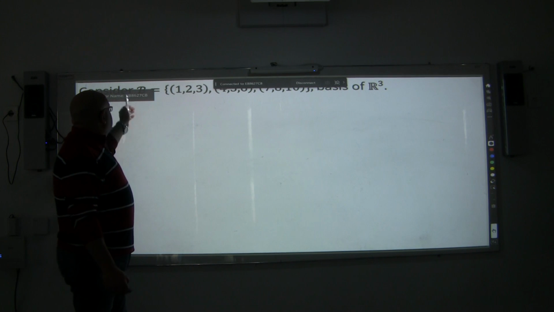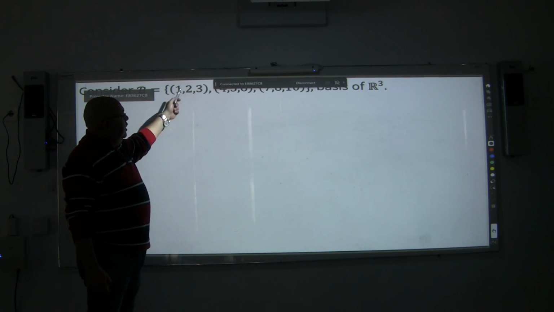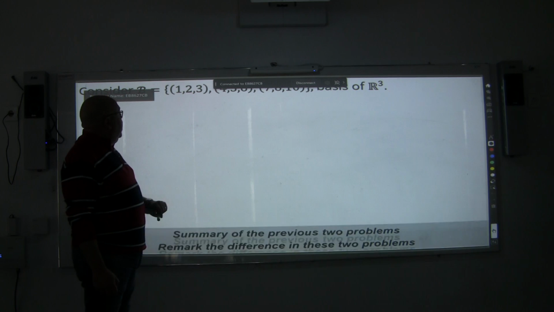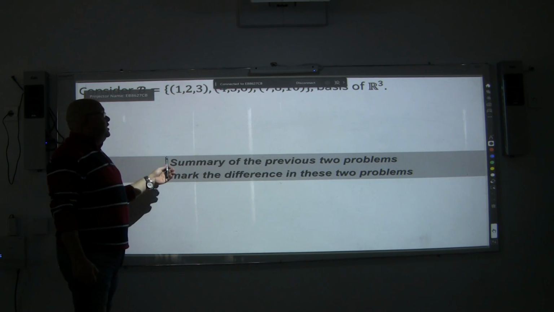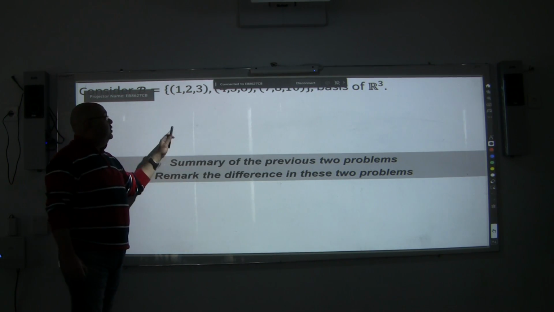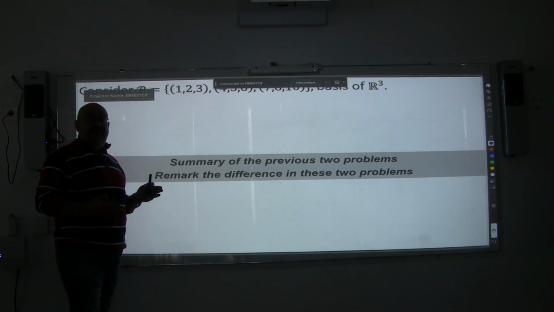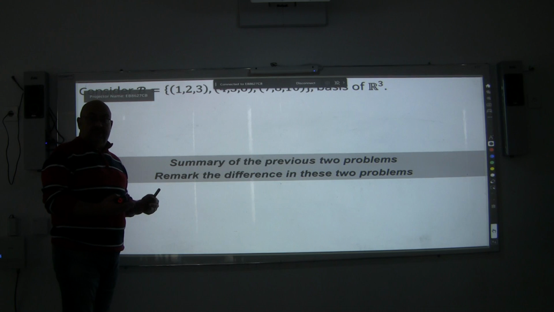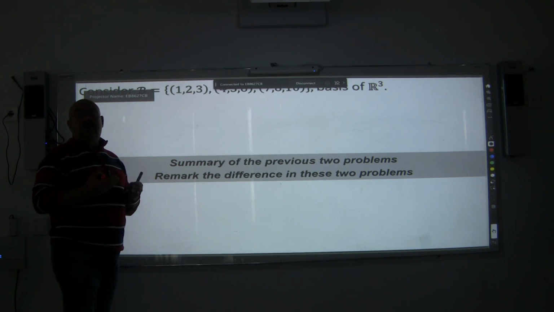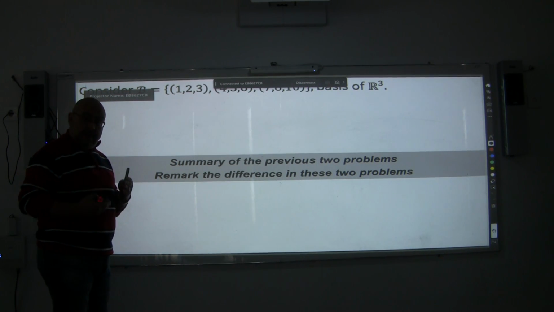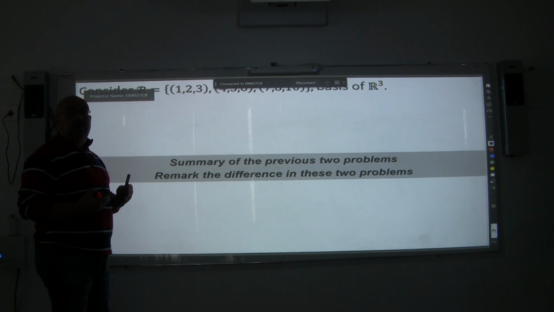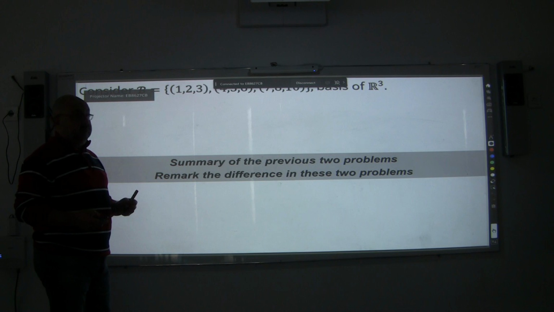Okay, consider the problem: (1, 2, 3), (4, 3, 0), and (7, ...), a basis of R3. The summary of the previous two problems is already here. In the last two problems, in one of them I gave you the coordinates and asked you about the vector. In the other, I was asking you about the coefficients, or the coordinates, that will develop a certain vector.